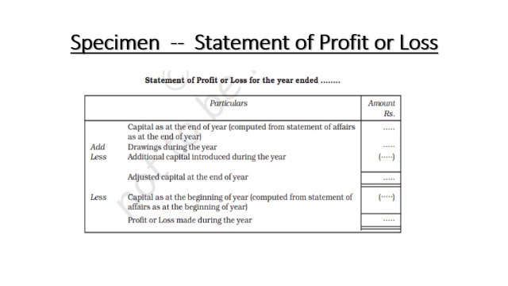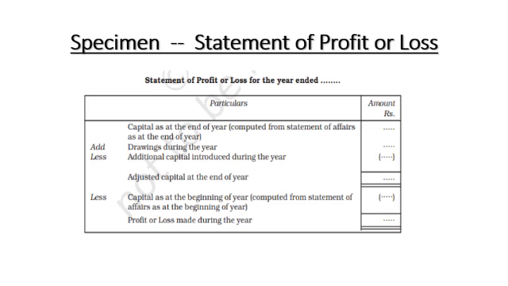Now you may see the specimen of the statement for the profit or loss. First, what are the requirements? One is the closing capital. If it is not given, you have to prepare the closing statement of affairs, called the balance sheet.